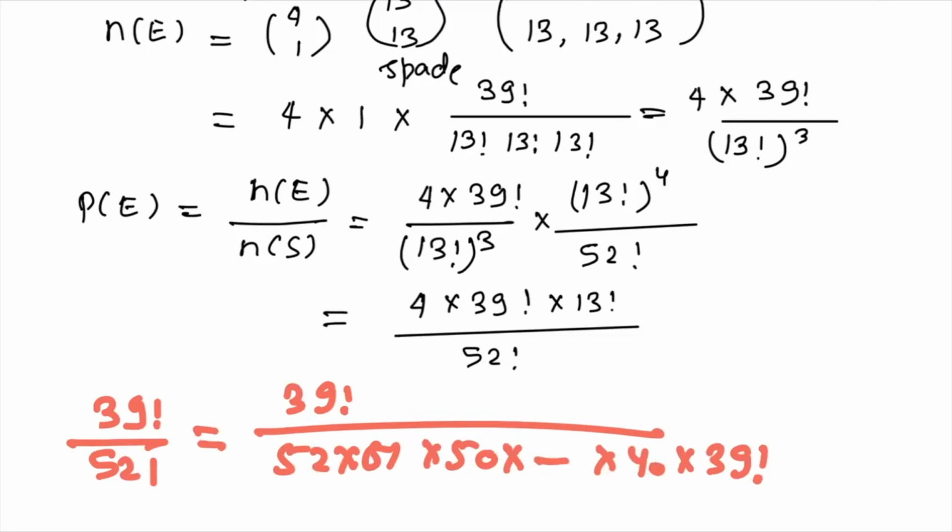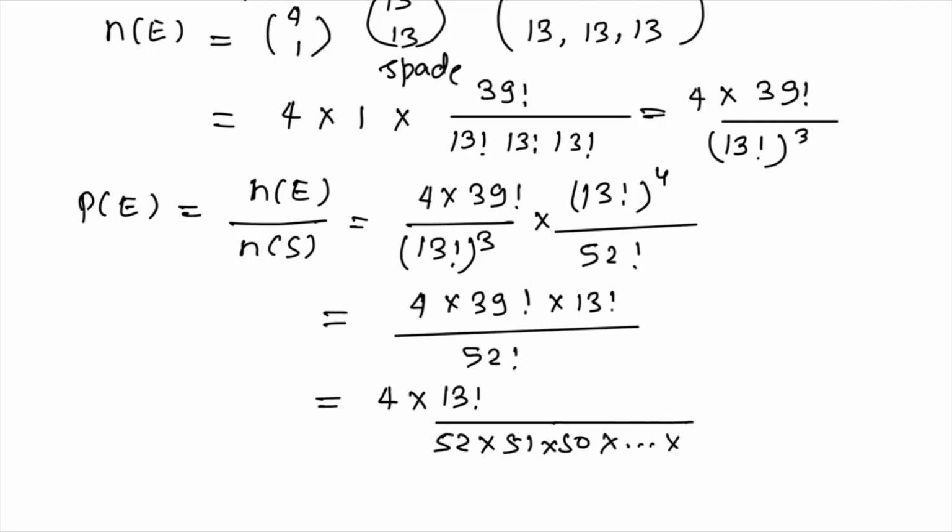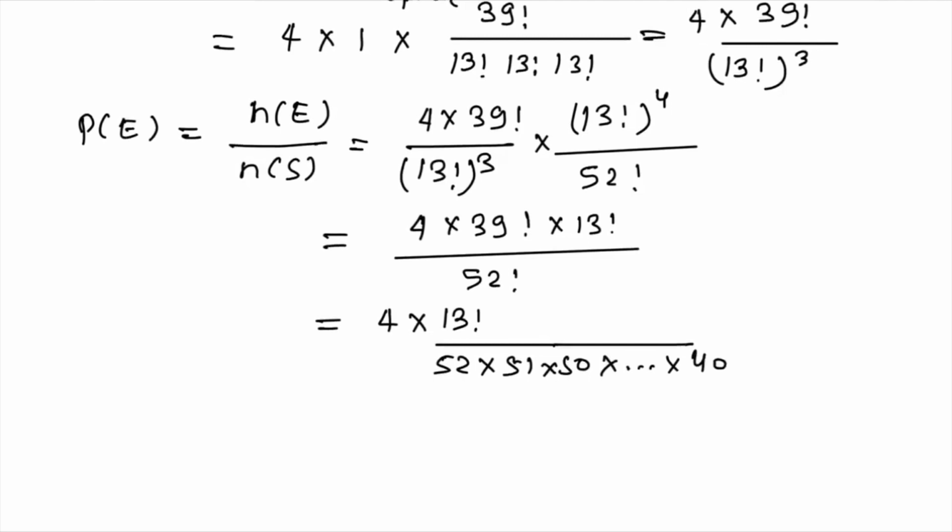And if you write this, this 39 factorial will cancel out that 39 factorial. So when you take this into account, you will be having 4 into 13 factorial divided by 52 into 51 into 50, and you keep doing the same, you will be having 40 in the end.